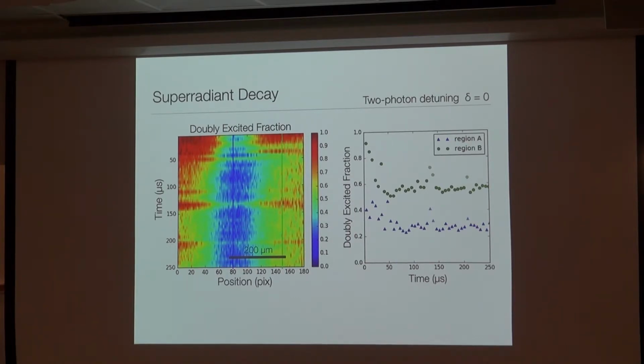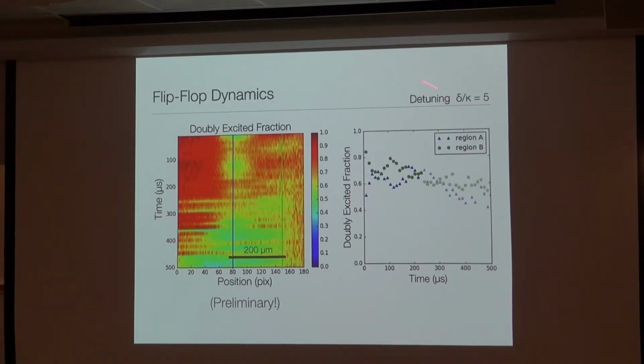So then we said, let's detune. This is very preliminary, and I should say this is data from last week. We go out to a detuning of, let's say, 5 cavity linewidths, and we see something very different.